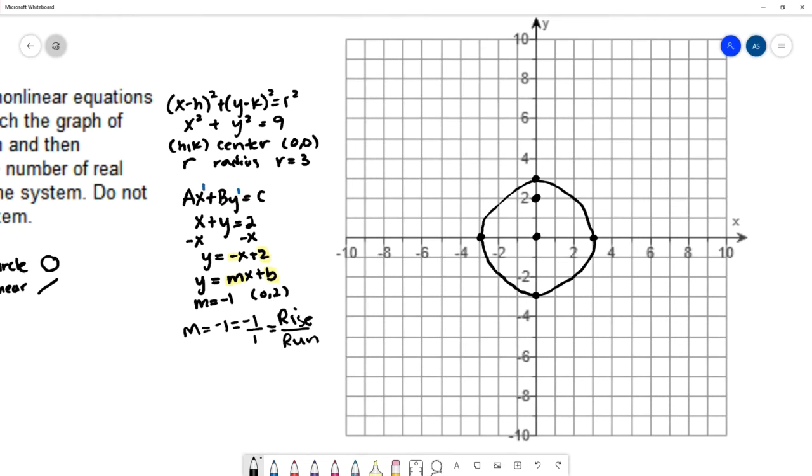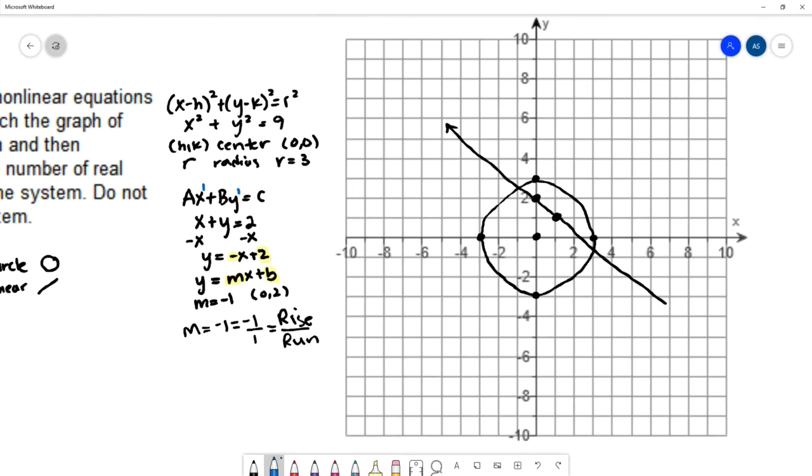The slope is rise over run. That's how much the line is tilted. So I'm going to rise negative 1, go down 1, and to the right 1. And that gets me a second point on the line. I connect those 2 points with a straight line.